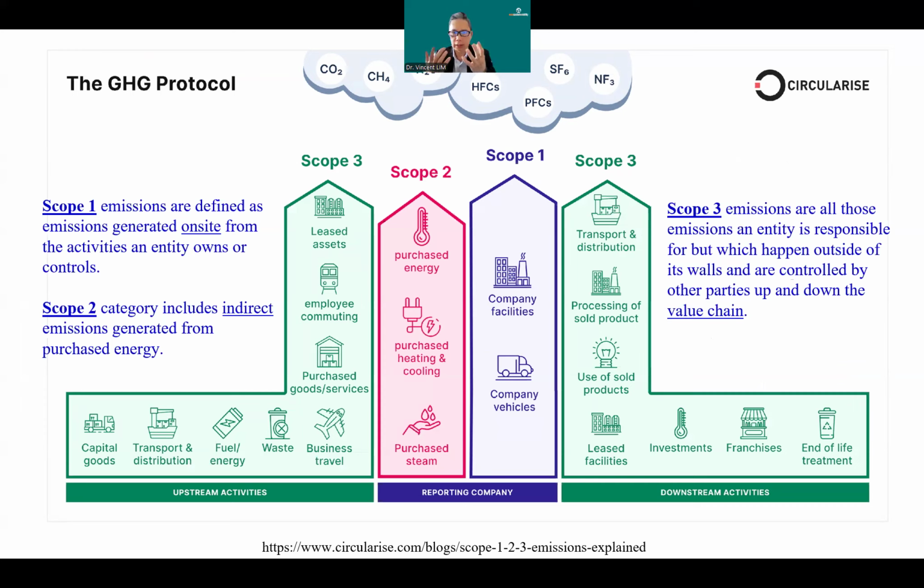It's yours. It's what you have and what you are emitting to the environment. Scope 2 is your purchased electricity. It's how much you use for lighting, to boil water, to do heating and many other things, right?